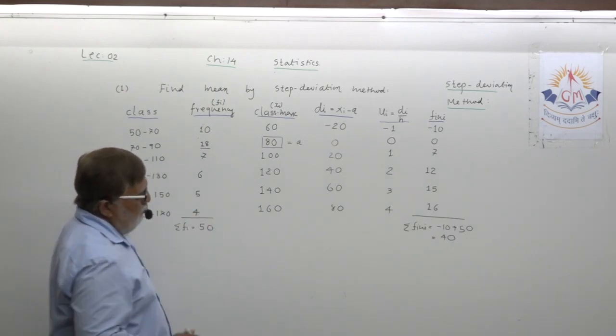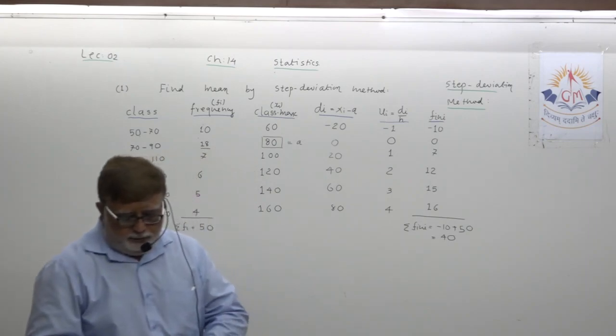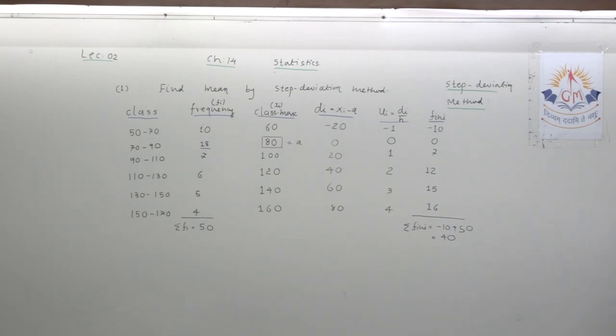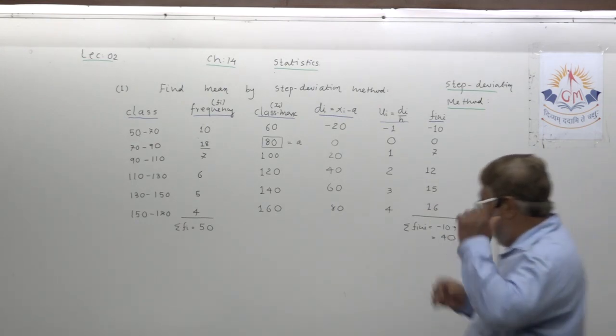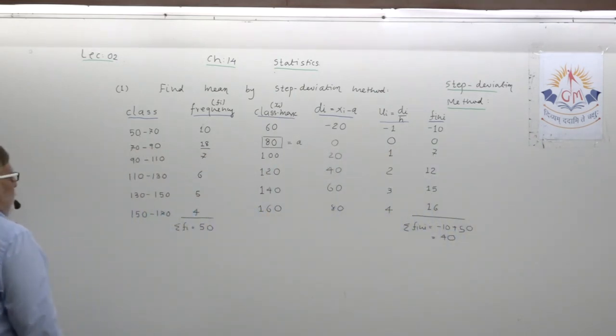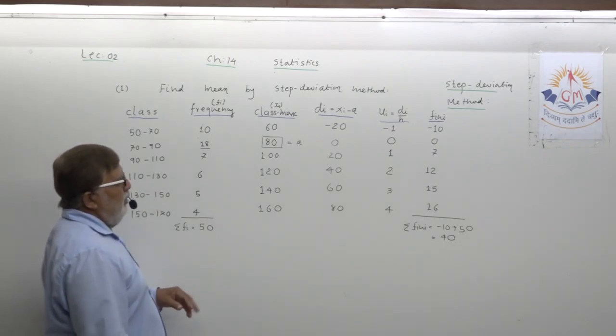First, dear student, please concentrate and understand the columns which we have made. First, the classes are given, frequencies are given. When classes and frequencies are given, first, as we have done in the assumed mean method, you have to find the class mark.